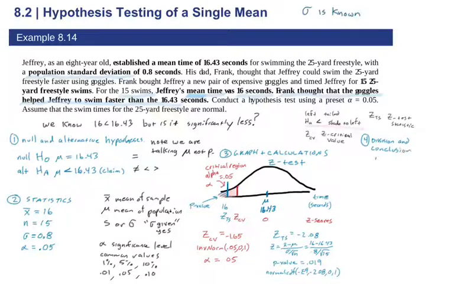So then we want to talk about our discussion and our conclusion here. In short, if your p-value is less than your alpha, then we're going to say that we reject the null. If your p-value is greater than the alpha, then we do not reject. The reasoning being that alpha is a very small amount. That's kind of like our error there.